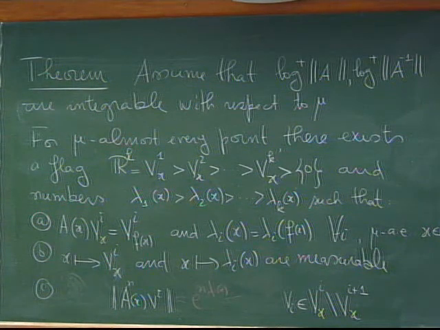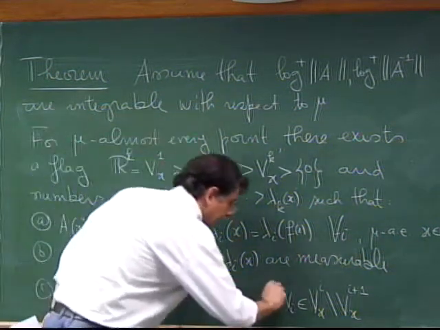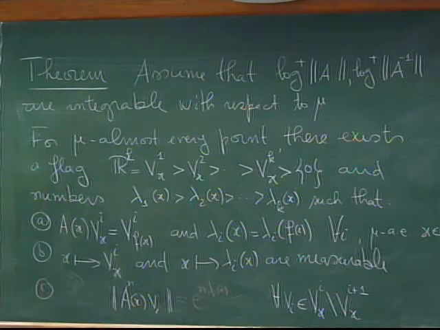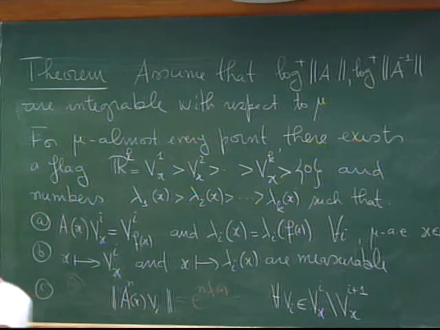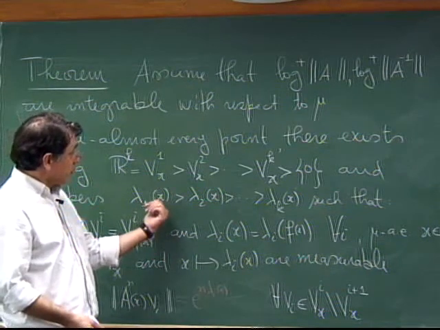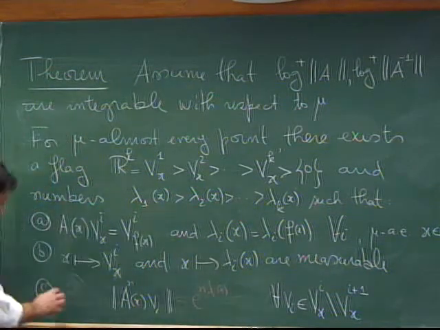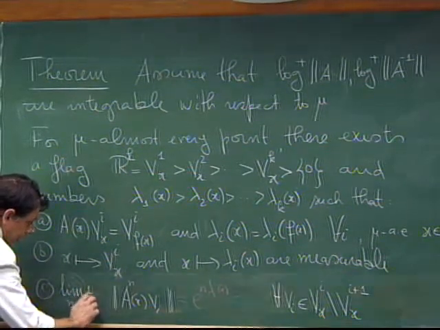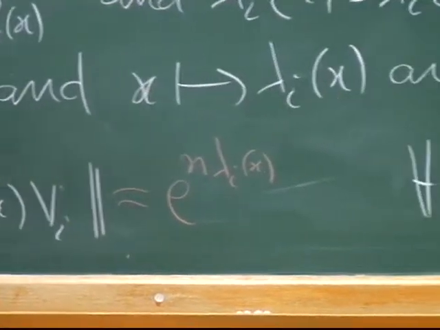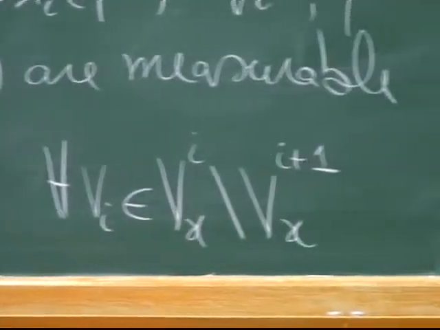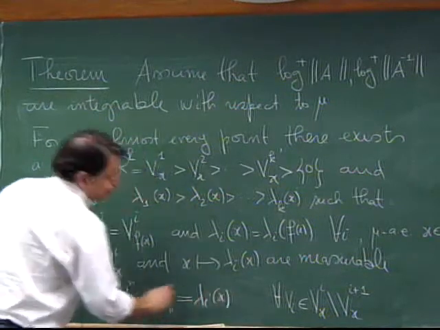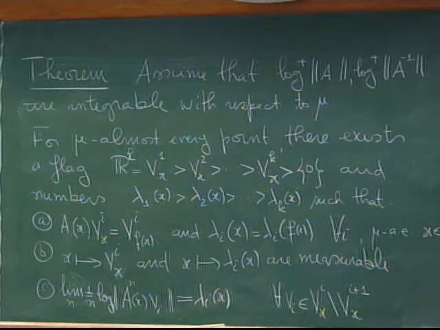So for any vector vi in the difference, the growth is given by the corresponding number lambda i. So the precise statement is that the limit of 1 over n log of the norm exists and is equal to lambda i of x. Okay?